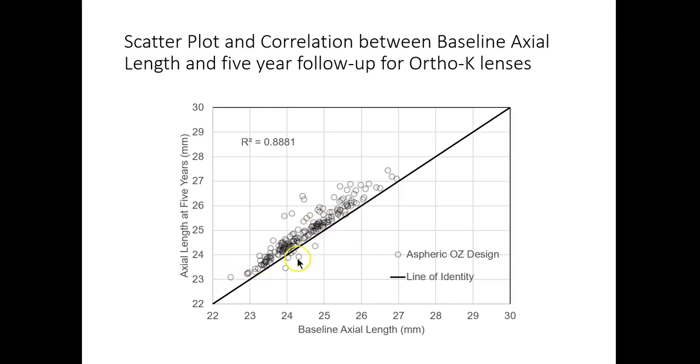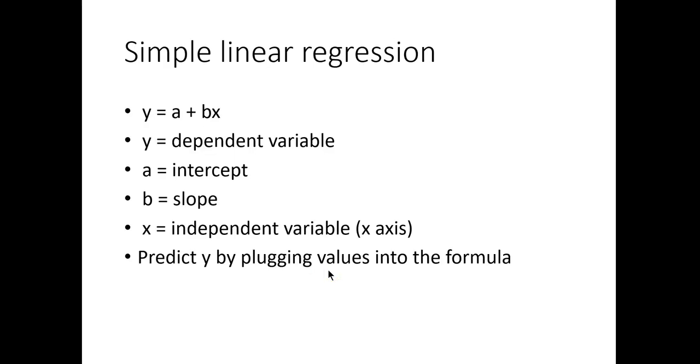So values falling below this line mean that axial length was shorter after 5 years. Not really something that's probably possible. This is more of a measurement error likely scenario. All right, so that's basically a discussion of correlation, this association.